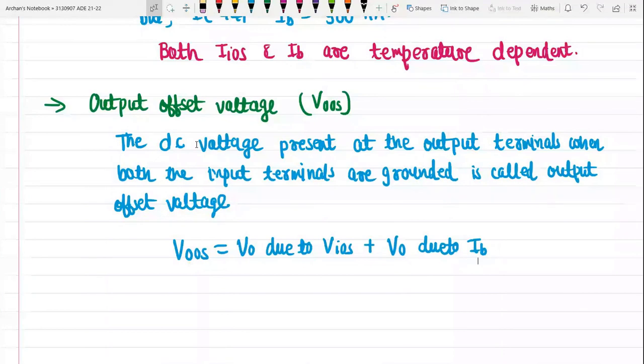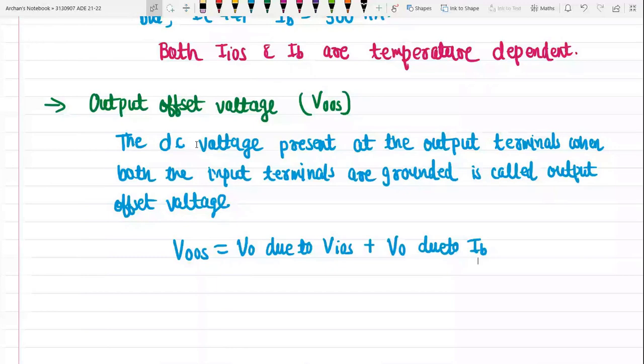Because the effect of input bias current, input offset current, and input offset voltage is to add error to the expected DC output voltage, and these parameters produce the output voltage when both the input terminals are grounded. Okay, this is the output offset voltage.